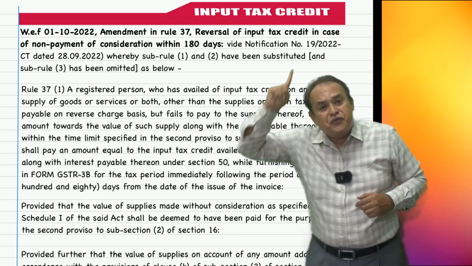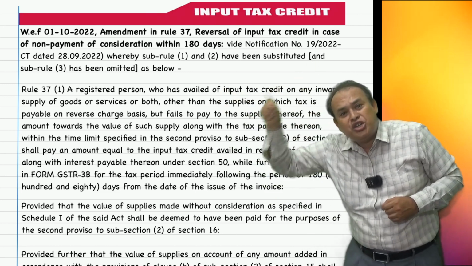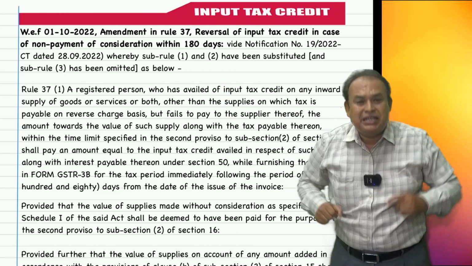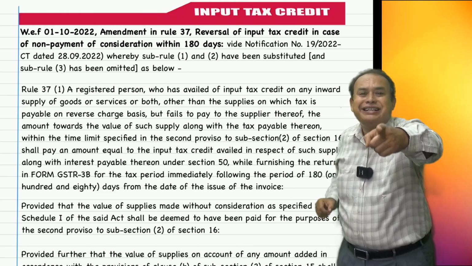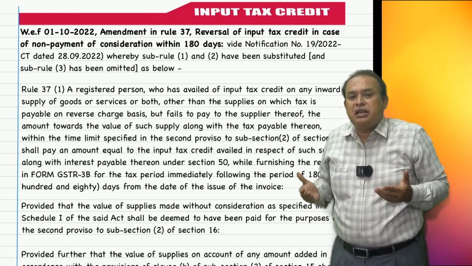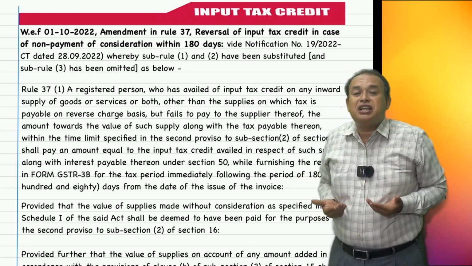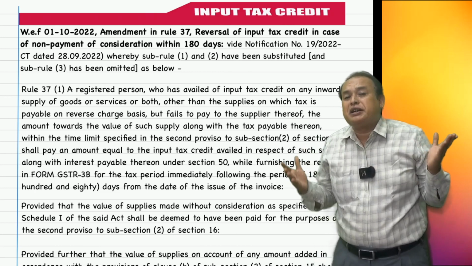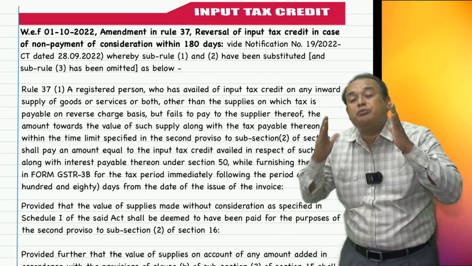In that case, from the date of utilization of input tax credit till the date of payment of that input tax credit, you have to pay with interest under section 50. Obviously, it is excess utilization of input tax credit. Generally, 24% per annum interest will apply.